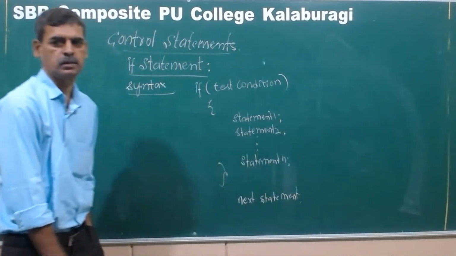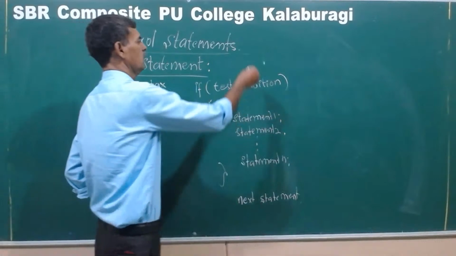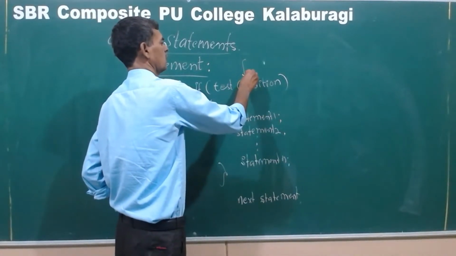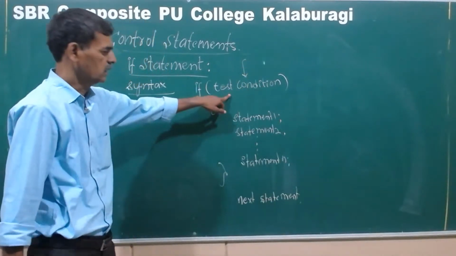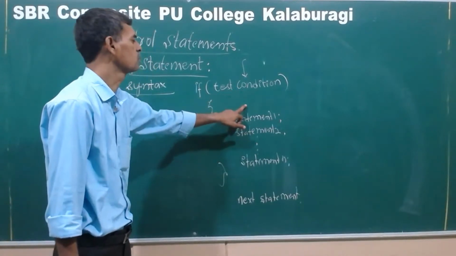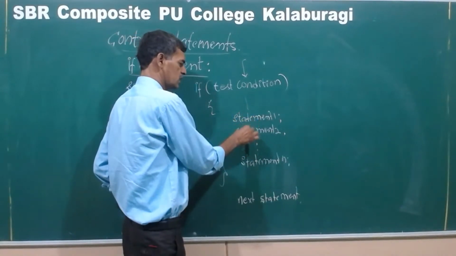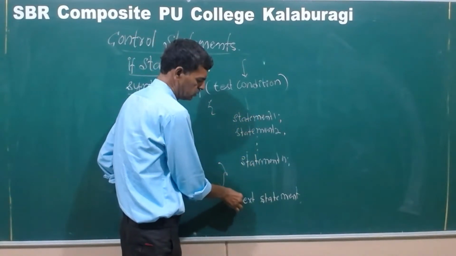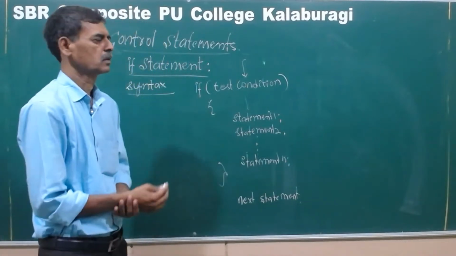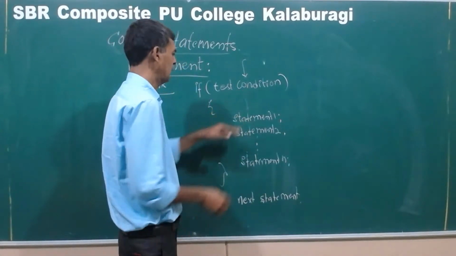So when the control comes here, it will check the test condition. If the test condition is true, control goes inside the if block and these statements are executed. Then it goes to the next part. If the test condition is false, control doesn't come here.